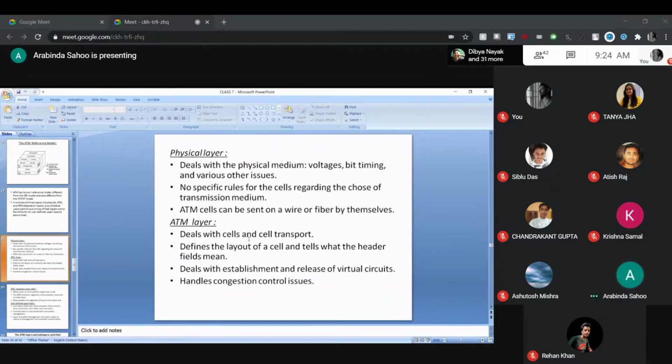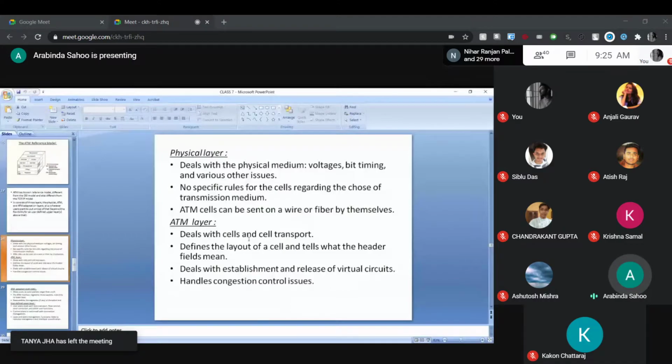Number two: define the layout of a cell and tell what the header fields mean. The header is basically information regarding a cell, such as from which host and from which network it is coming.